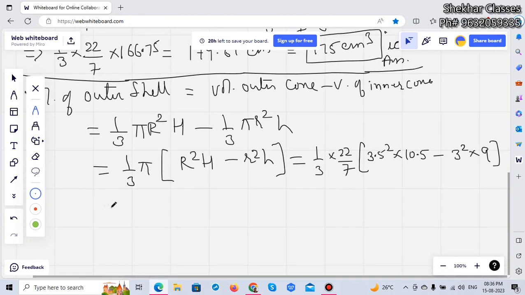So if I solve it here, 1/3 into 22/7, 3.5 the whole square is how much? So you can calculate that. What is 3.5 the whole square? 12.25 into 10.5 minus 3 square is 9, 9 9s are 81.